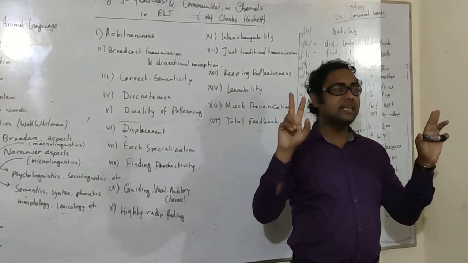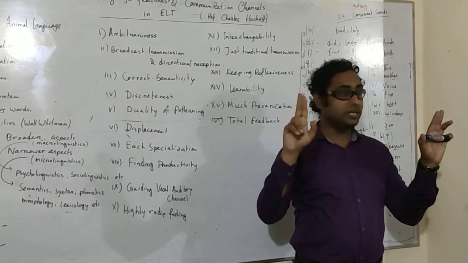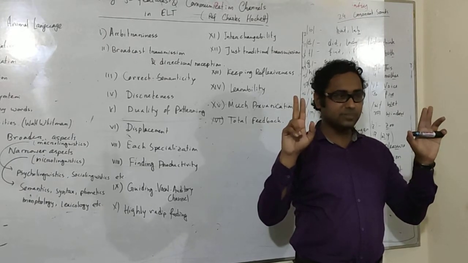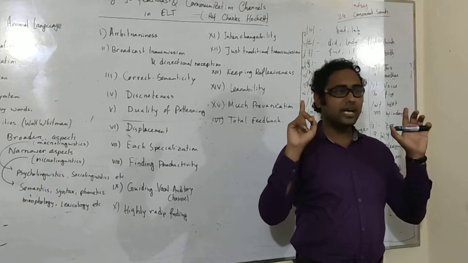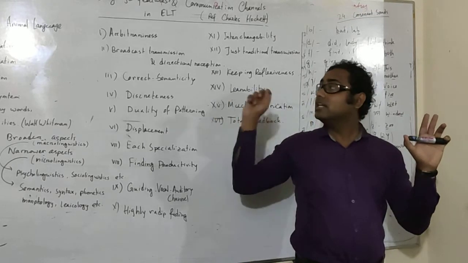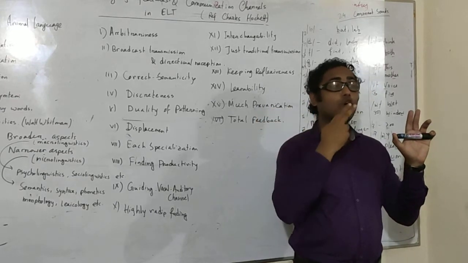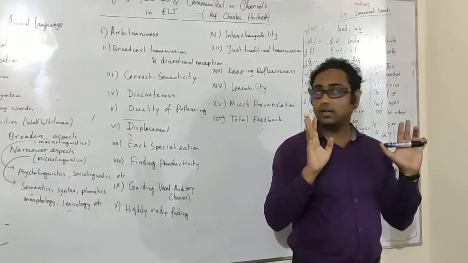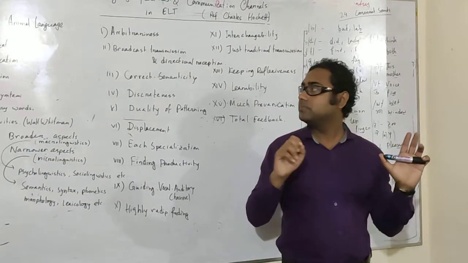There is only a signal given to one person. So this is the basic difference between human language and animal language. In human language there is a vocal auditory channel, but in animal language there is no vocal auditory channel.